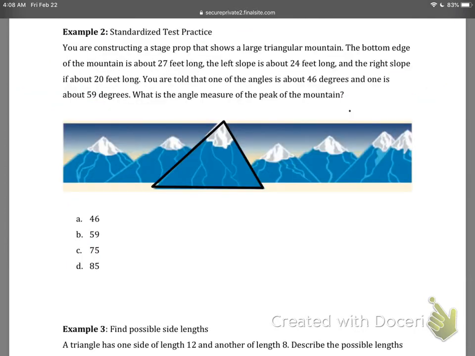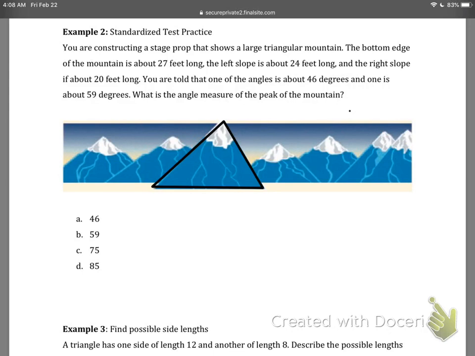All right, so let's read example 2. I'm not sure what happened in example 1, but we're on example 2, and it's the standardized test practice, which generally means it's going to be multiple choice. The example says you are constructing a stage prop that shows a large triangle mountain. So I outline the mountain for us.